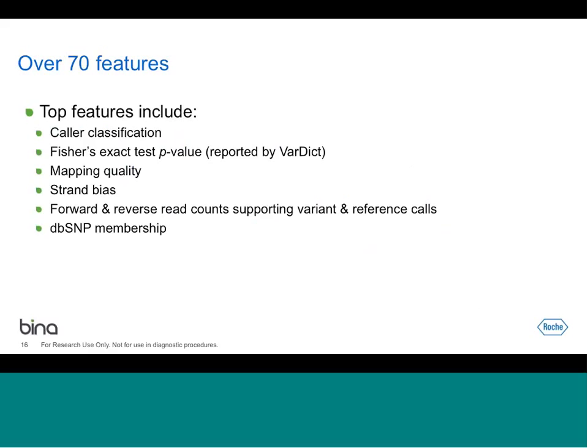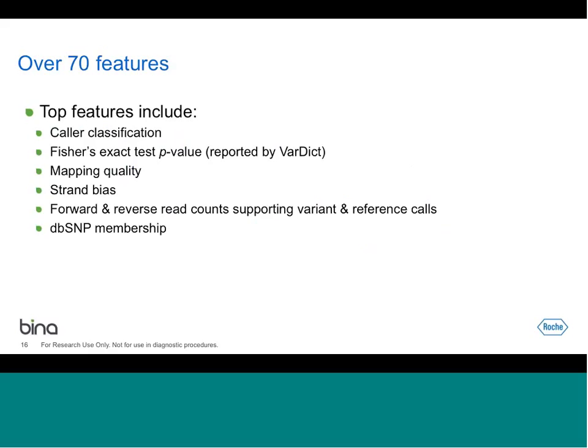So the machine learning is based on over 70 features. Some of the top features include caller classifications. That's simply a list of calls, say, MuTect called it, VarScan called it, VarDict did not, et cetera. We also have things like mapping quality, strand bias p-value, Fisher's exact test score that's reported by VarDict, forward and reverse read counts supporting variant and reference calls.